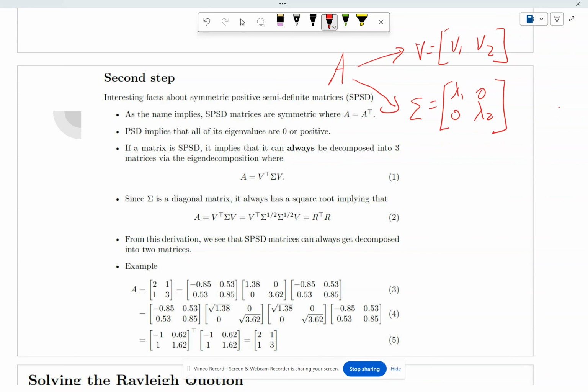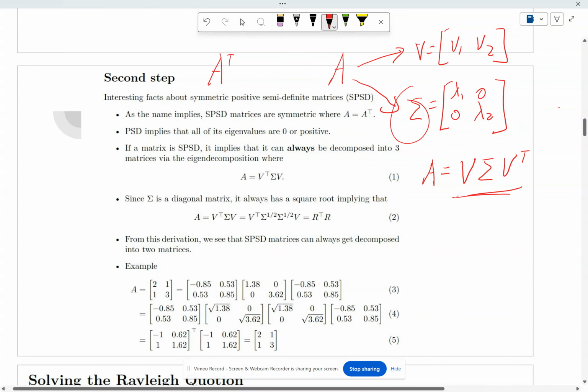Eigendecomposition is when you have a symmetric positive definite matrix. So if we assume A is symmetric and it's a square matrix, then A, the matrix, could be broken down into the product of three matrices. So if you take the V here and the sigma here and multiply them together, you actually get the A matrix back.